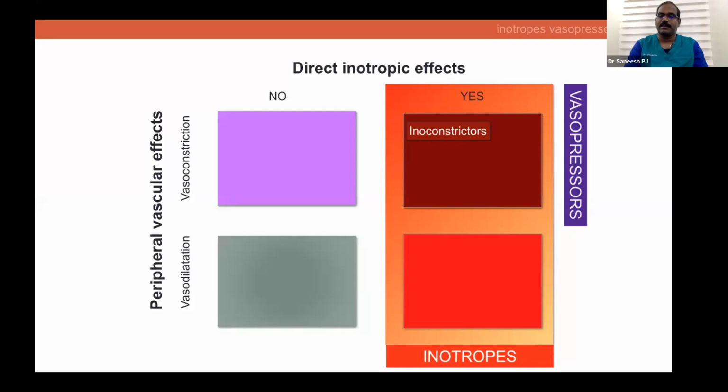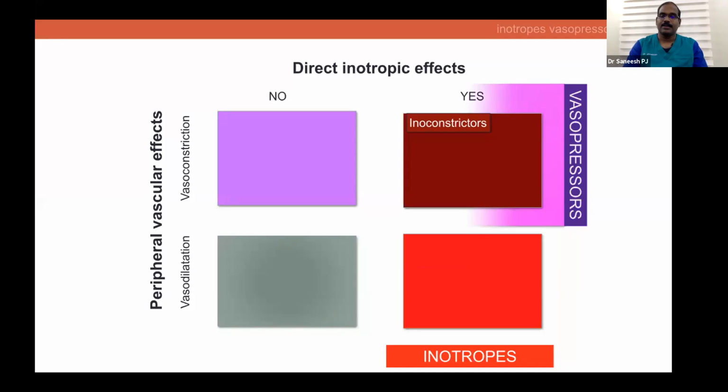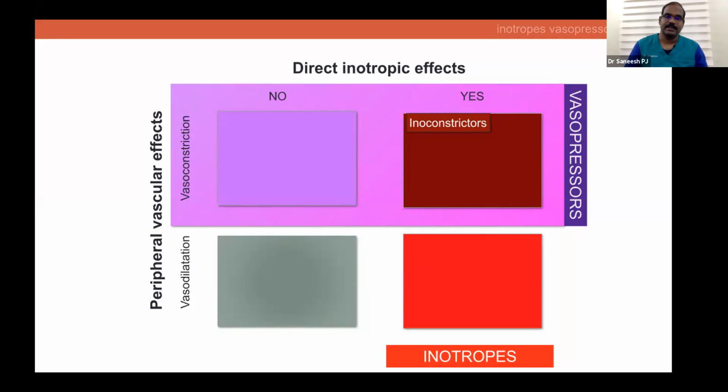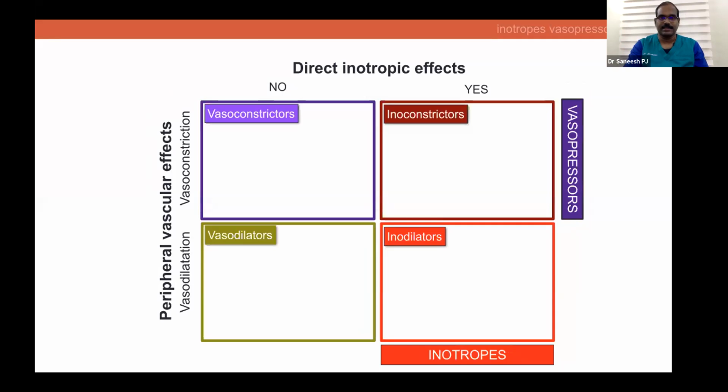The ones with vasoconstrictor activity and inotropic activity are called inoconstrictors, and the ones with vasodilation property along with positive inotropy are called inodilators. Coming to the next group, vasopressors, where there is only vasoconstriction, they are called vasoconstrictors, and those with vasoconstriction and inotropic action belong to inoconstrictors.